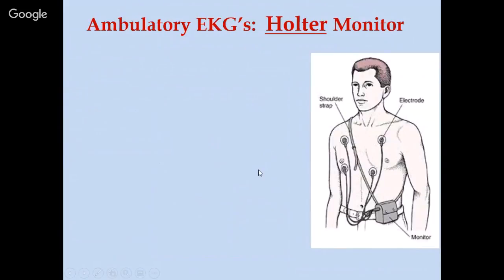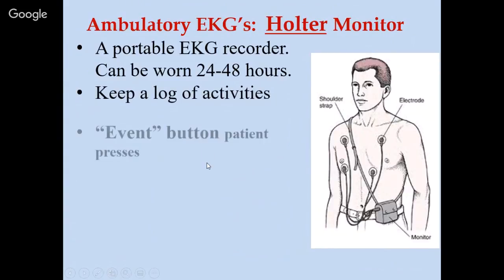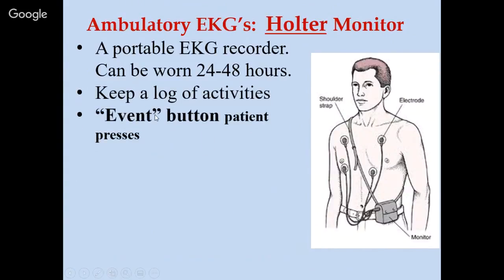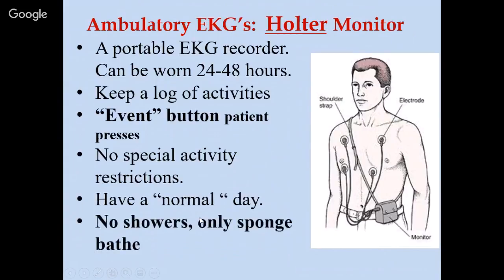They could have this for 24 hours, a week or a month, just different variations. If they have a symptom, they press the button, and then it's noted on the record, so they look at the information that was going along with that event. Have a normal day, go about your business. No showers, only sponge baths, because you have all those monitors on.